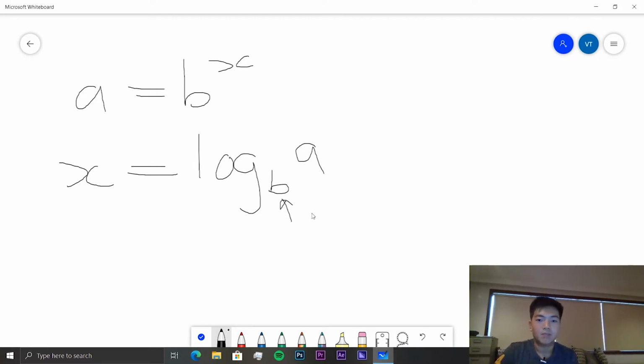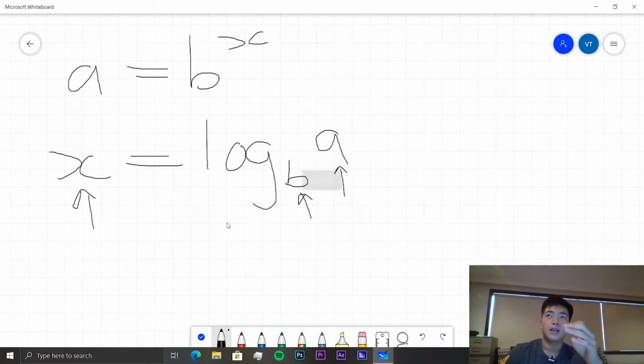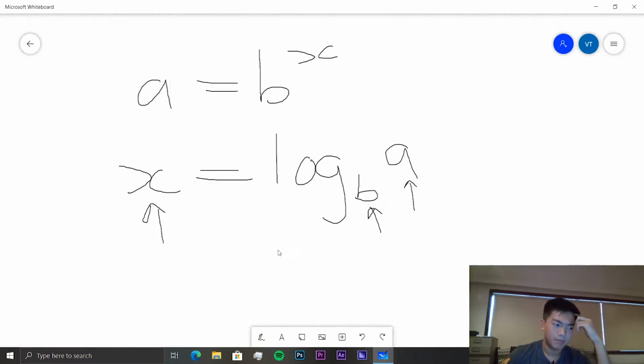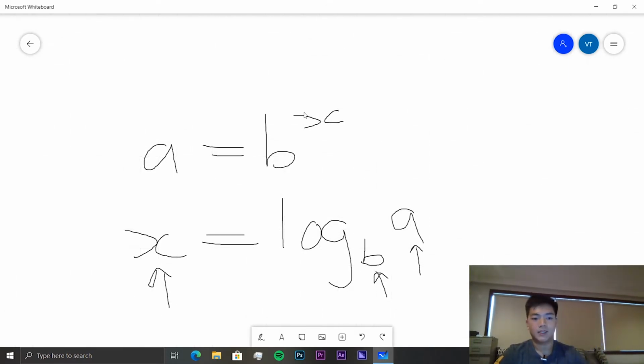This b is called the base, a is the value, and x is the exponent. So it's sort of like a reverse exponential function. It allows us to convert backwards and solve equations like these more easily, especially if we have to solve for a power.